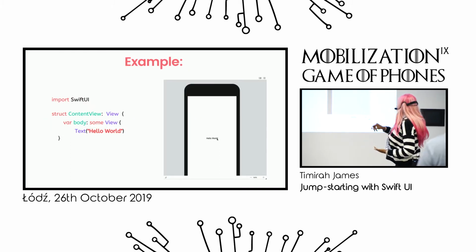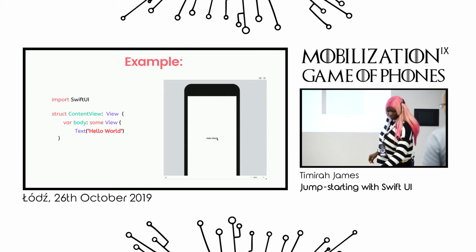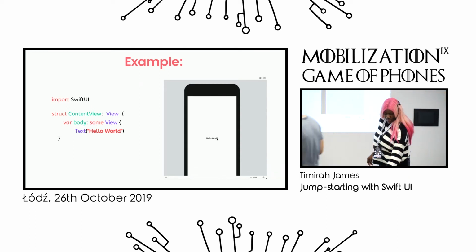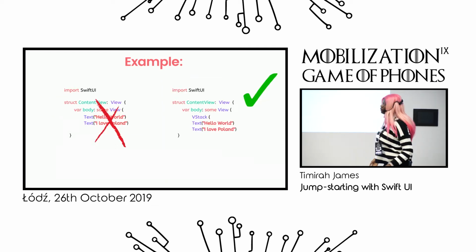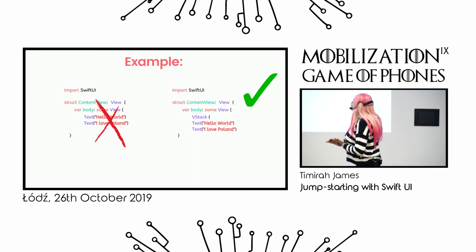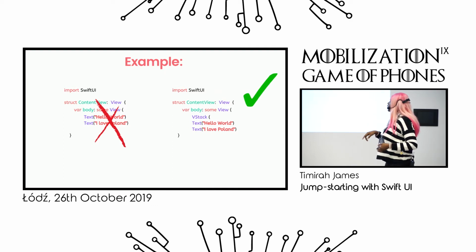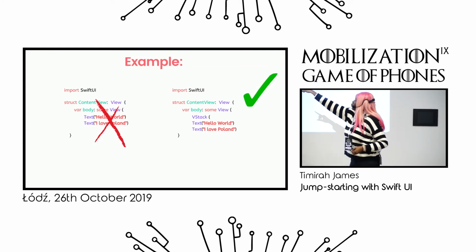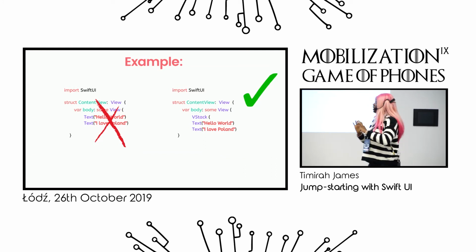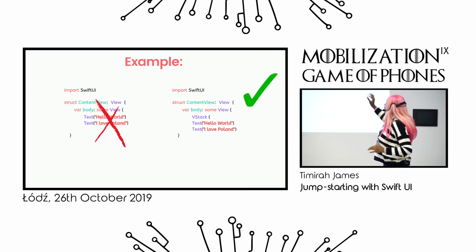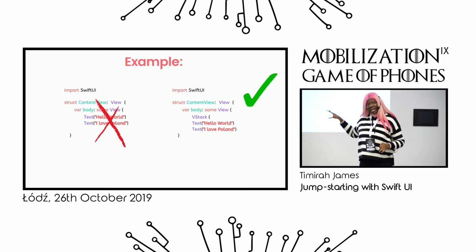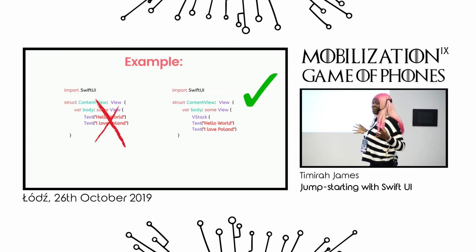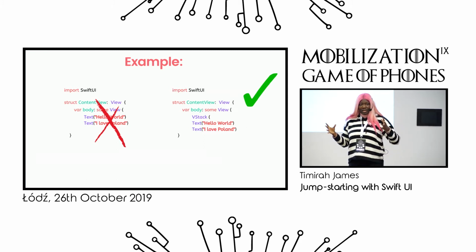So this is our initial content view. That's what we started with, just hello world. Basically, if we wanted to put another view, we have to define how we want that view arranged. This is what I meant by it's only meant to display one view.